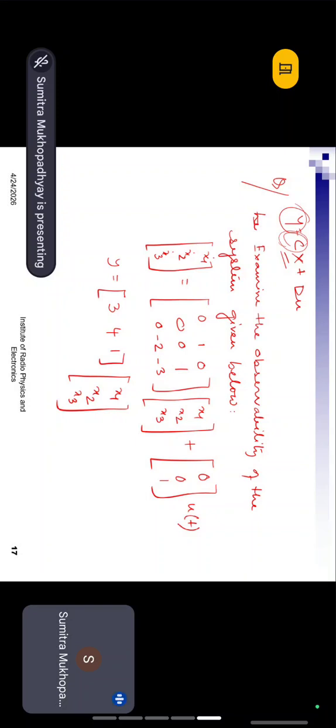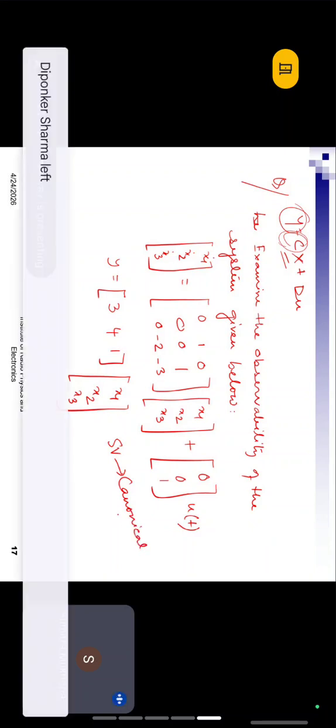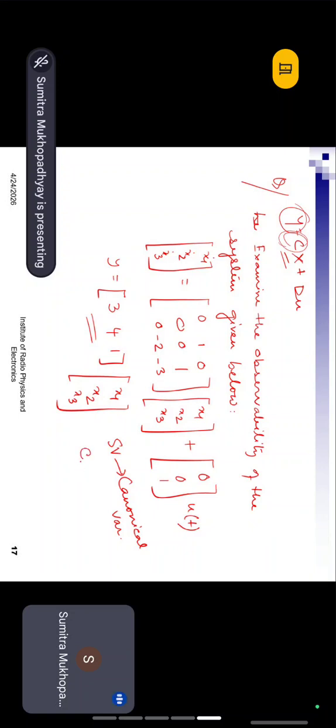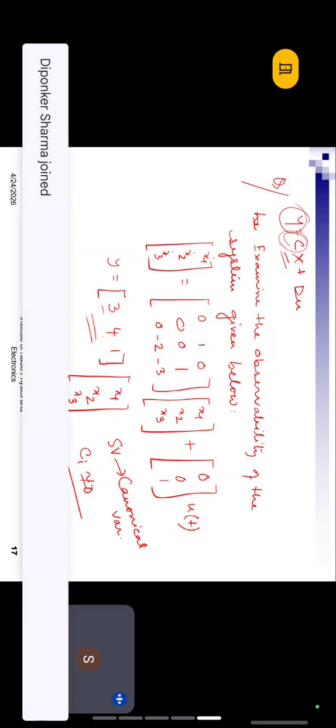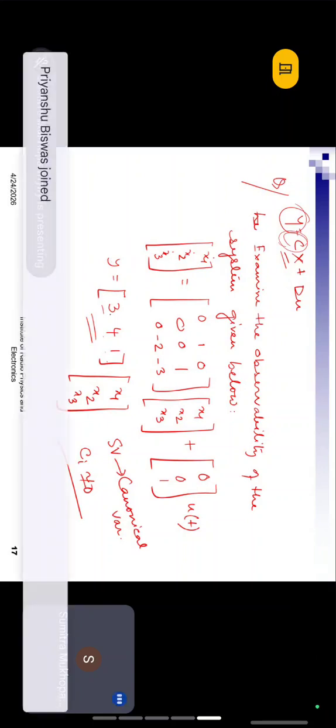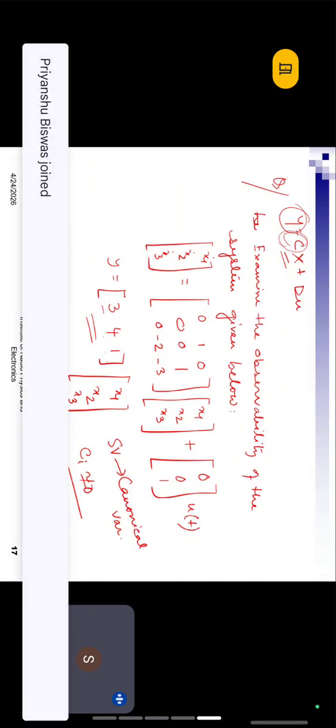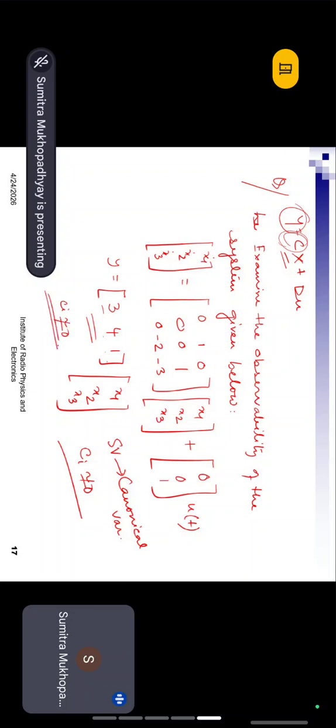So if you are going with the Gilbert testing method, again you have to translate this system from state variable form to canonical variable form, and from there you have to test whether the C matrix elements Ci are non-zero for observability, because you can observe all the states from the output only if the connections are on. Otherwise, if any of the elements is 0, that means x1 is not directly connected with y. So all the elements Ci of the C matrix must be not equal to 0. That is the first constraint.